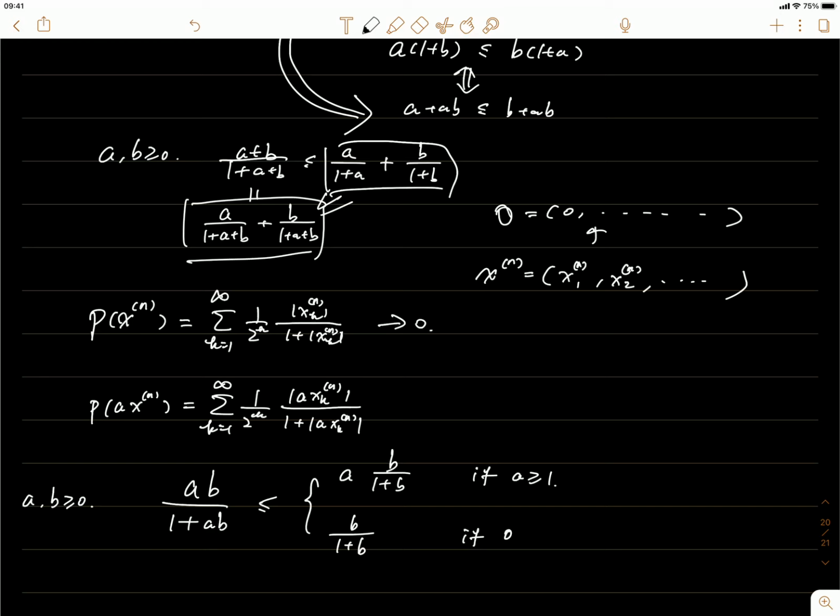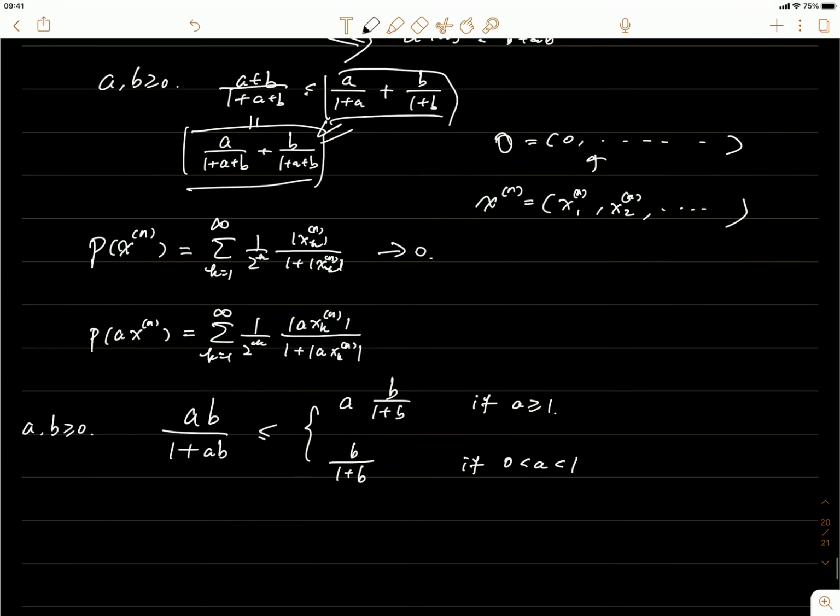Well, if a is 0, nothing to show, right? It's always greater than or equal to 0, so it's always less than or equal to that. So let's see, special case, a less than 1. Okay, this will be more interesting.